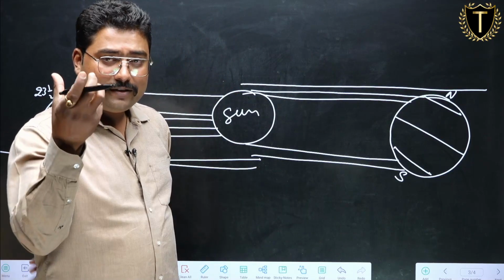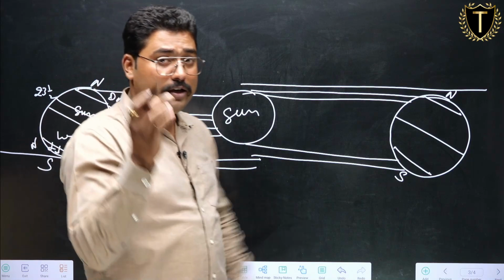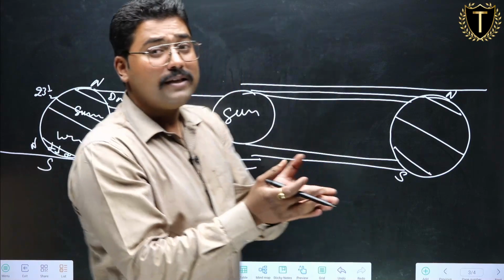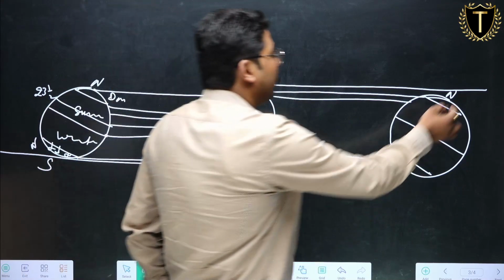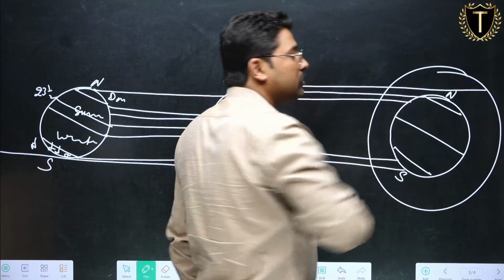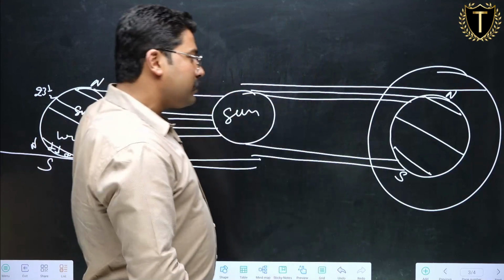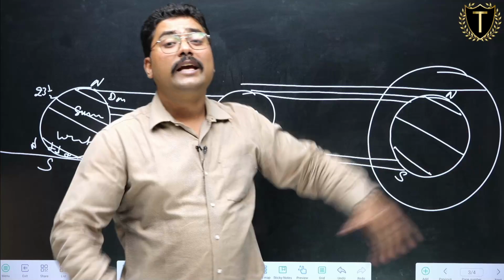And the twilight time, you can say illumination, is there because our earth has an atmosphere, and when the sun rays pass through the atmosphere, they scatter.